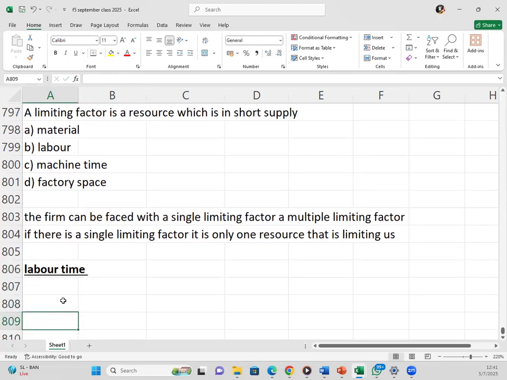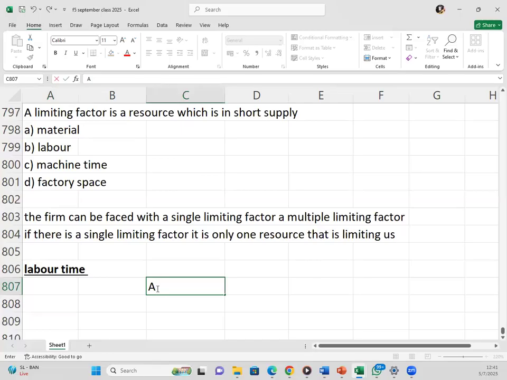You are being required in three companies. Company A wants your labor, company B wants your labor time, company C wants your labor time.